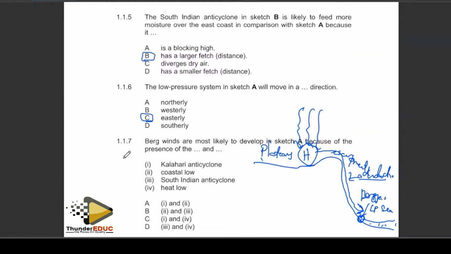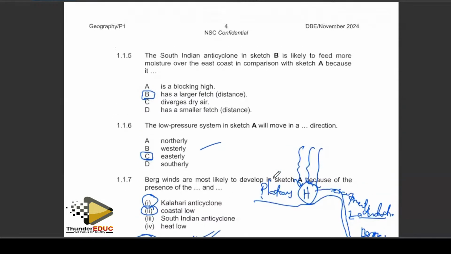It's a factor which favors high pressure over the interior and creating a pressure gradient. And also we have the coastal low. So our two correct responses are item number 1, which talks about the Kalahari, and item number 2, which talks about the coastal low. So these two, they are matched with item A. Item A becomes our correct response to that particular question.